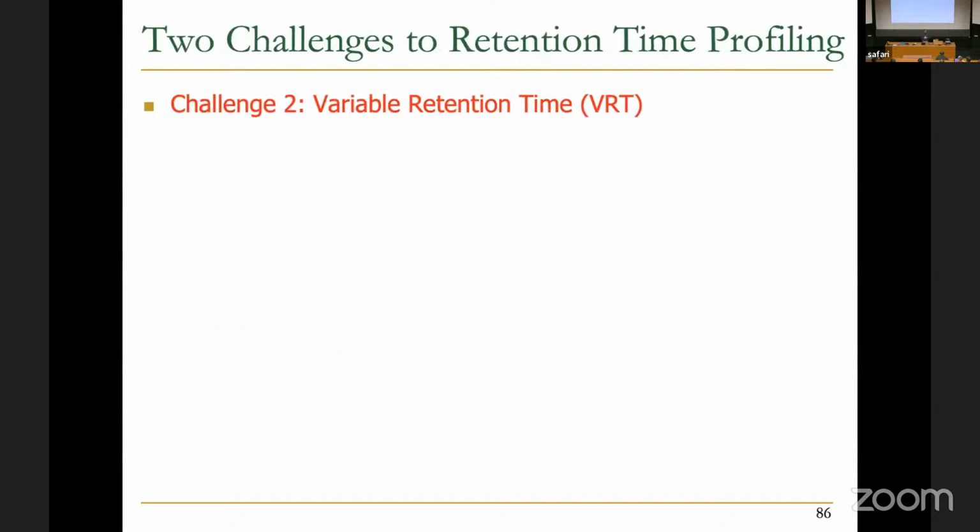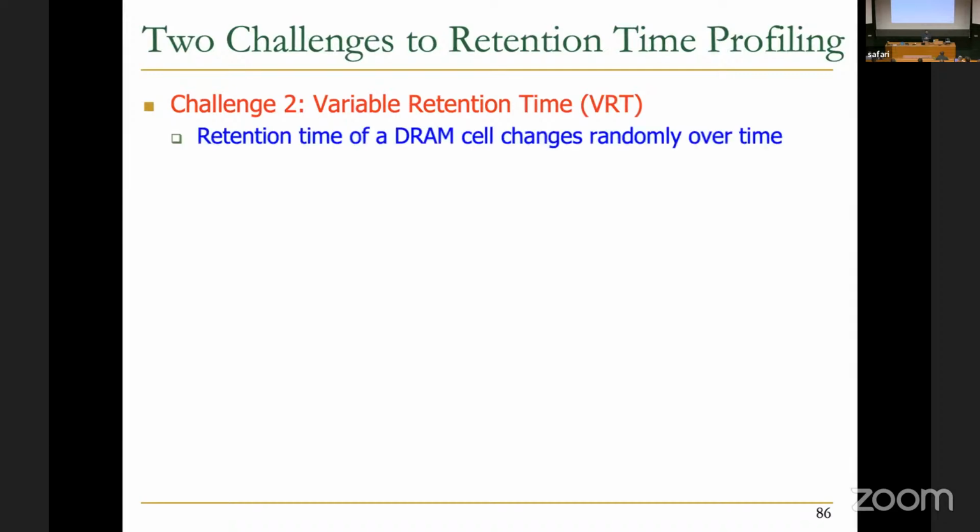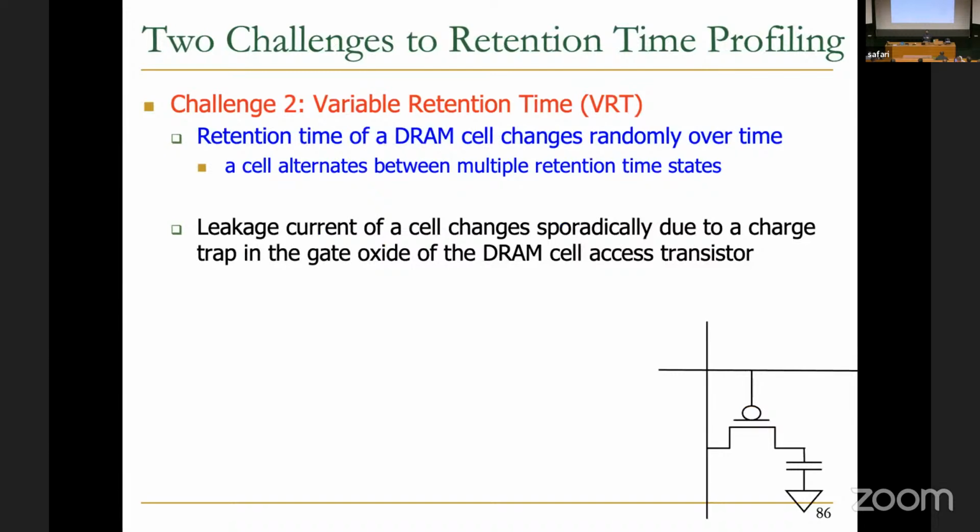The second challenge is variable retention time. This is quite a curious phenomenon. The retention time of a DRAM cell can change randomly over time. A cell can alternate between multiple retention time states. For simplicity, we usually talk about two states.